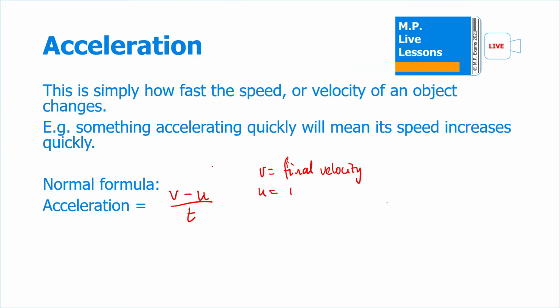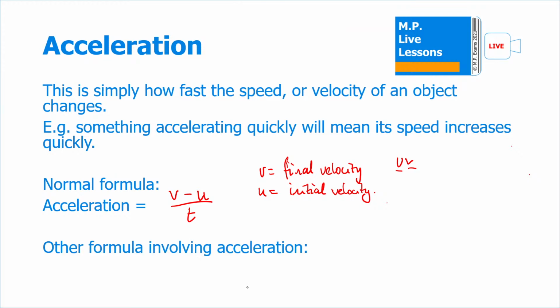And u is your initial velocity. Just remember which way these go round is U and V in the alphabet. So U goes before V. Now, you may have other formula involving acceleration, such as this one. And again, you'll be given all these formulas anyway in your exam on a sheet.